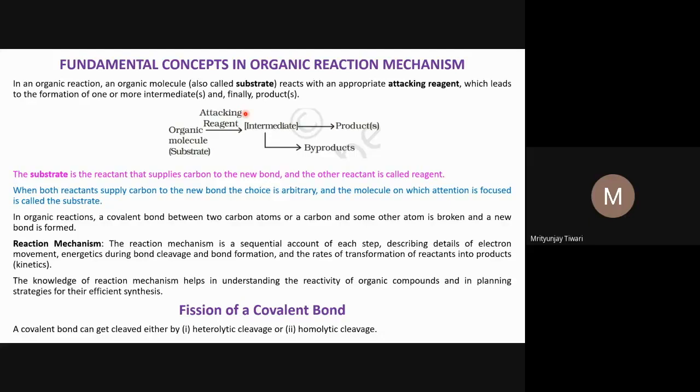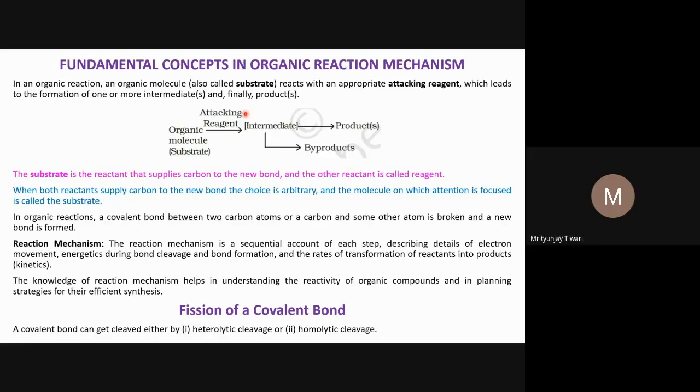D form is dextrorotatory form or plus form, and L form is levorotatory form, the left hand side, anti-clockwise rotation. D form is clockwise rotation of plane of the polarized light. L form is anti-clockwise rotation, and these D and L forms are mirror images of each other, but they are not superimposable.